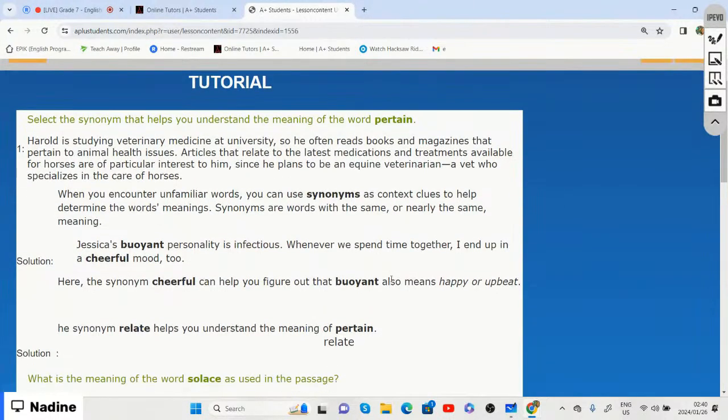So Harold is studying veterinary medicine at university. So he often reads books and magazines that pertain to animal health issues.